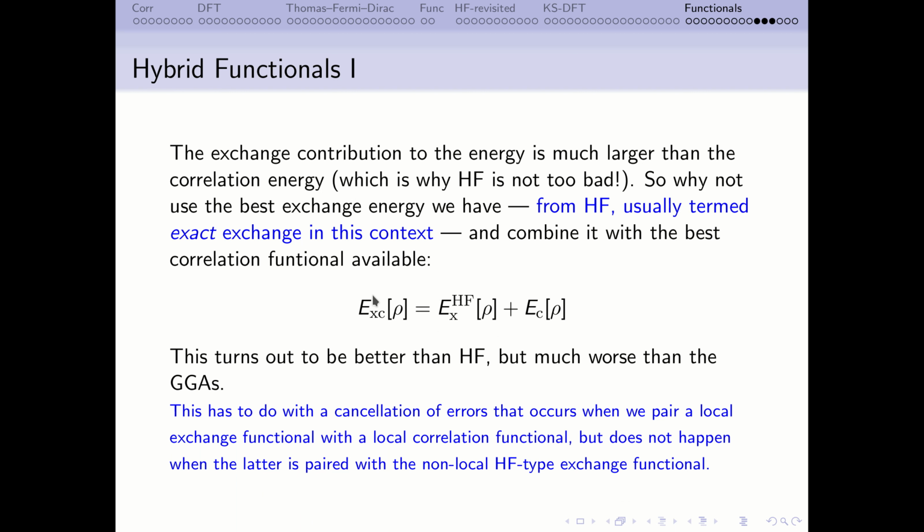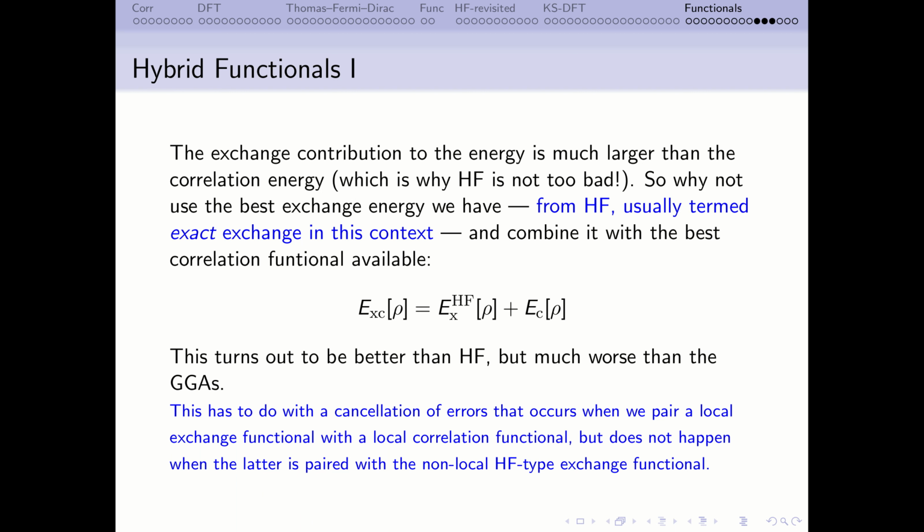So why not construct an exchange correlation model which has Hartree-Fock exchange, and you take only the correlation part from your density functional theory? It turns out that this theory is better than Hartree-Fock, but it's much worse than the generalized gradient approximations. And it took a while for people to figure out what was going on here.